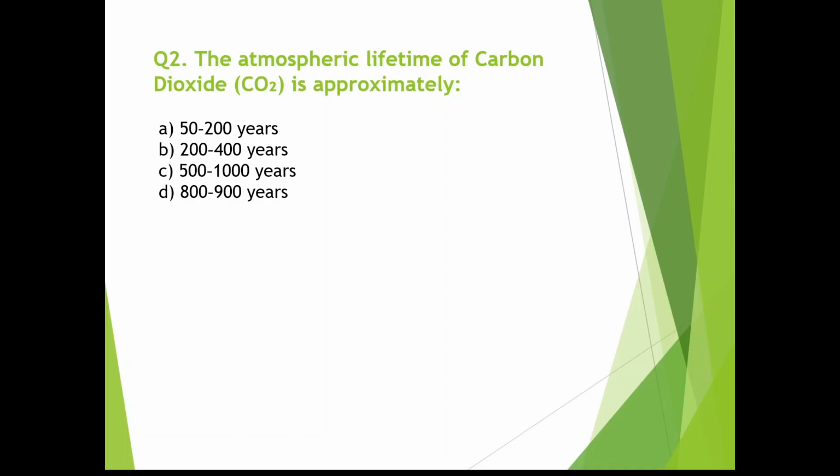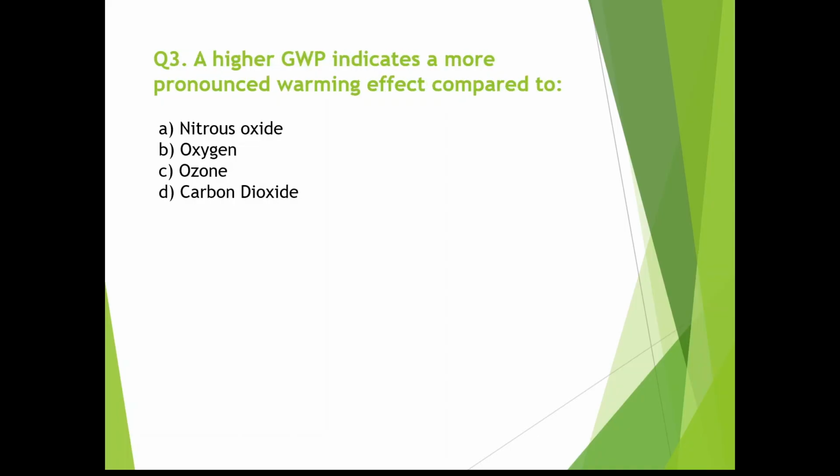Let's move to the next question, question number 3, and all of you try to give the answer in your chat box. First, read the question very well and try to avoid mistakes. A higher GWP indicates a more pronounced global warming effect compared to... Again, I am receiving several different answers.